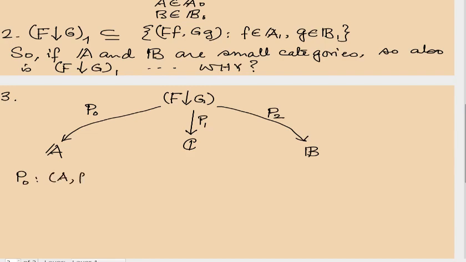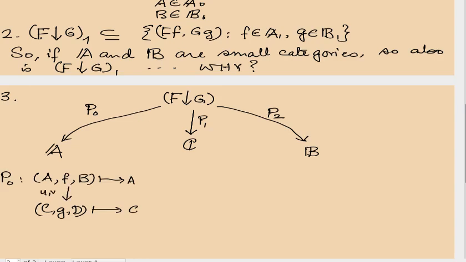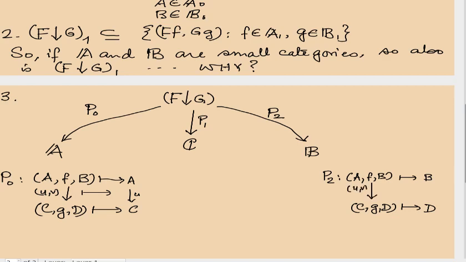P0 takes an object of the fibre product to A. It takes the pair to C, and a morphism it just takes to E. P2, on the other hand, takes an object to B, and the morphism it takes to V.